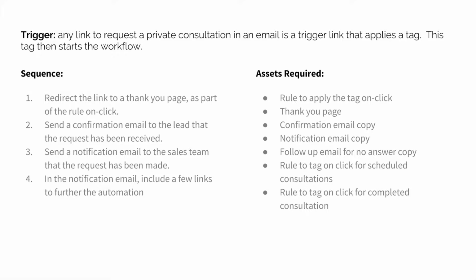So what you need to get this done is the rule to apply the tag on click for any of those links in the email to request the appointment, a thank you page, confirmation email copy, notification email copy, follow-up email for no answer, and then the 2 rules for scheduling: tagging if it's been scheduled, tagging if it's been completed.